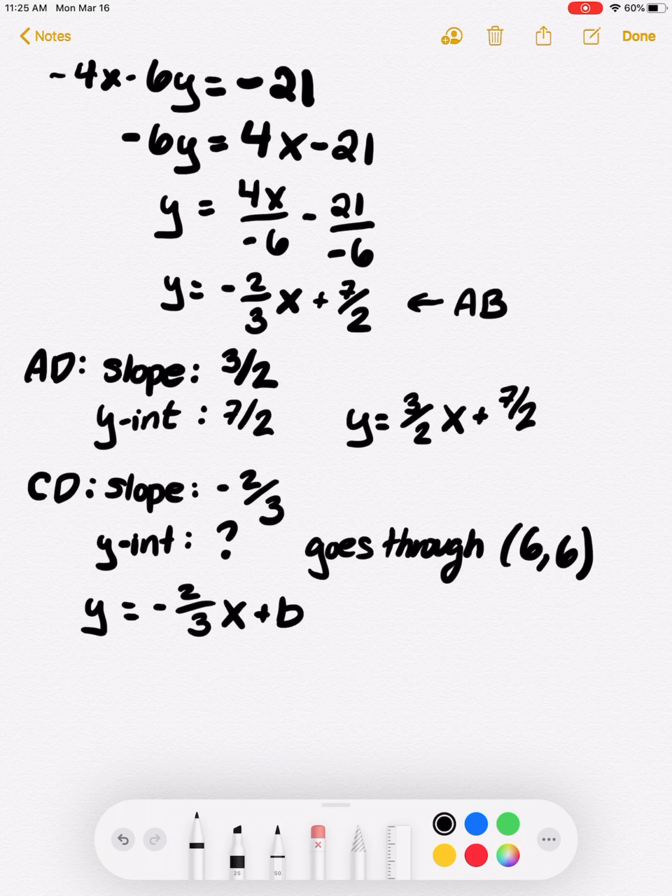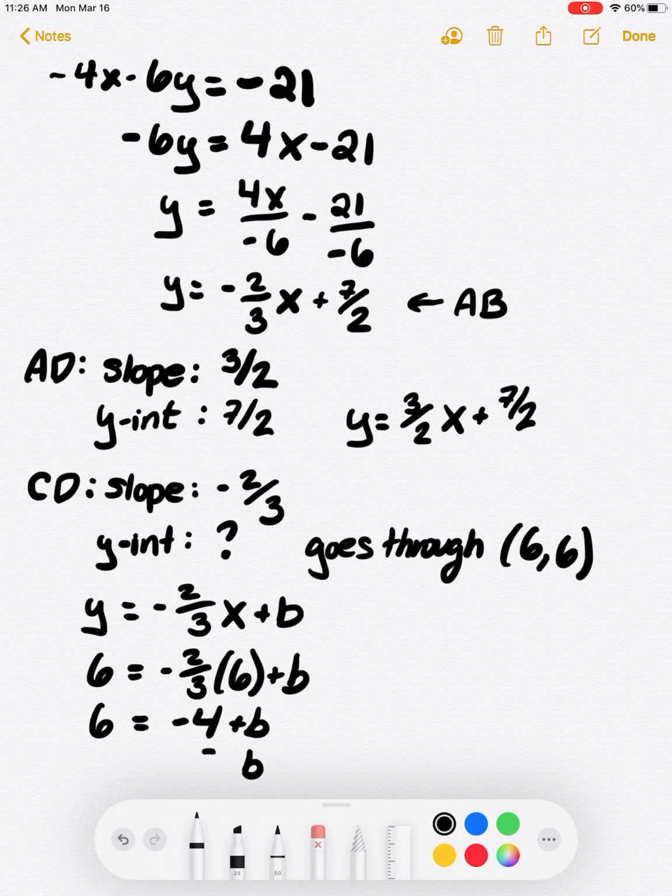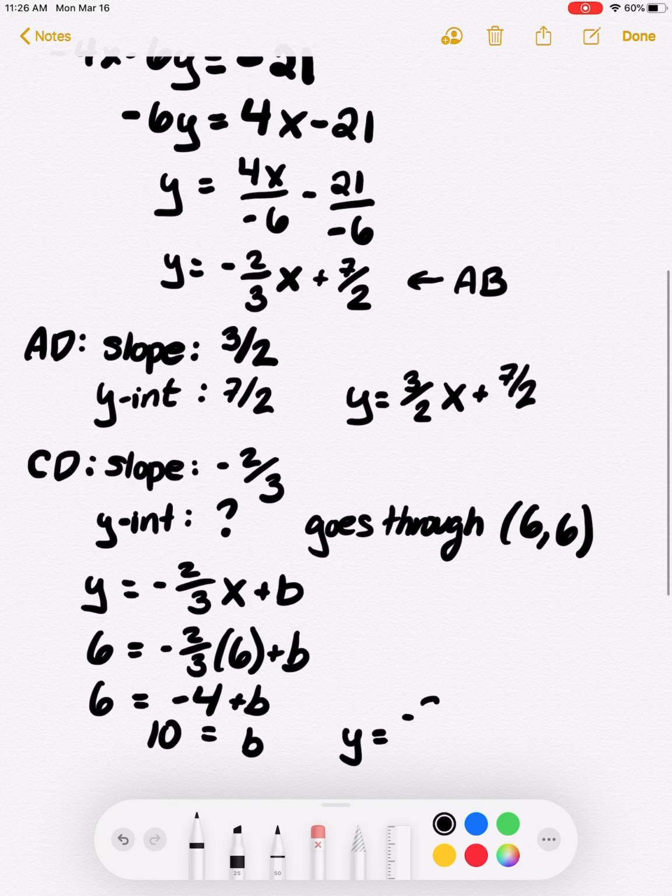Let's plug in the point 6, 6. 6 is minus 2/3 times 6 plus b. 6 is equal to, if you do that, it's minus 4. And you get that b is equal to 10. So you get that the equation of CD is going to be minus 2/3 x plus 10.